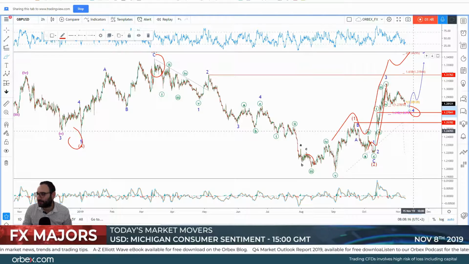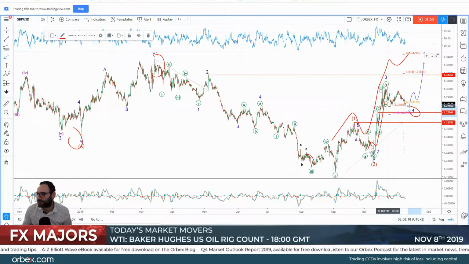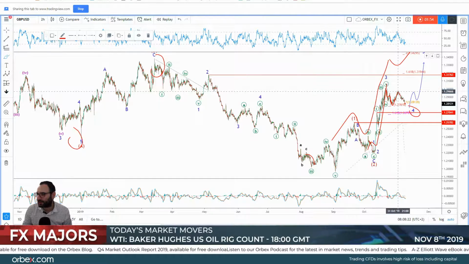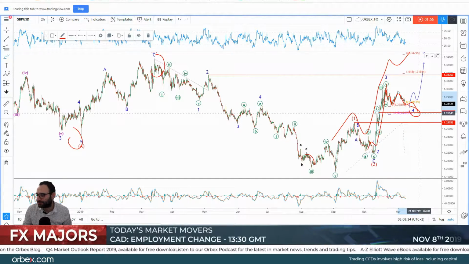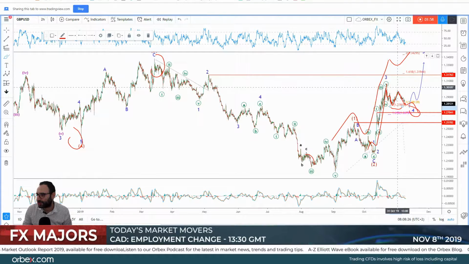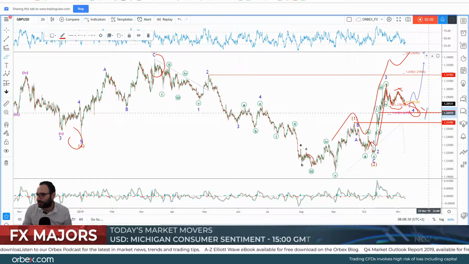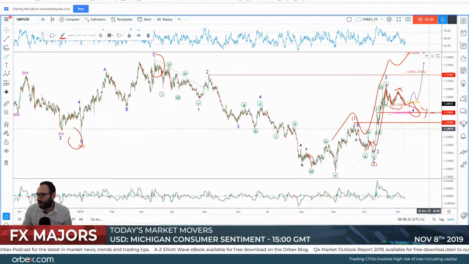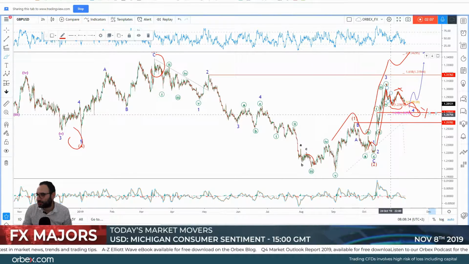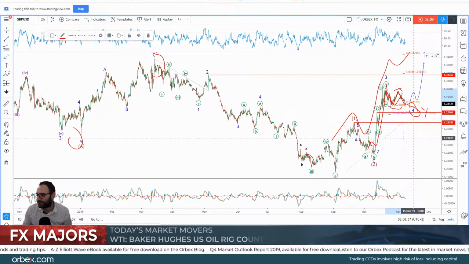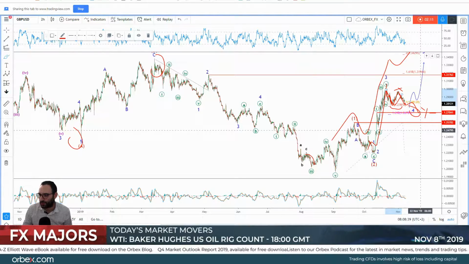From here, we're looking at most likely we'll have an ABC, then X, that could be another ABC over here. We could go into a WXY double Y pattern around 127, which is also the 161 extension of the first wave, right? So we could have a double zigzag over here.